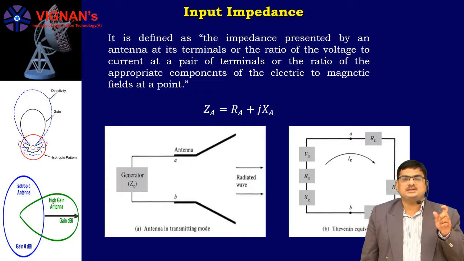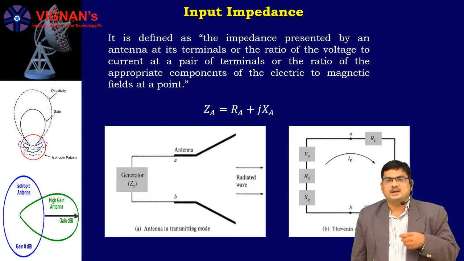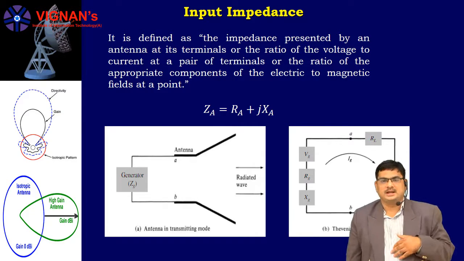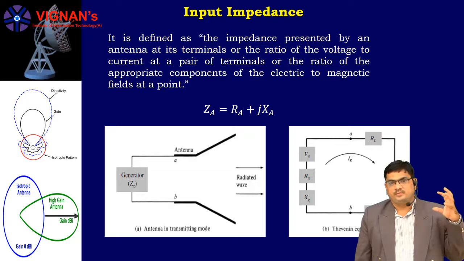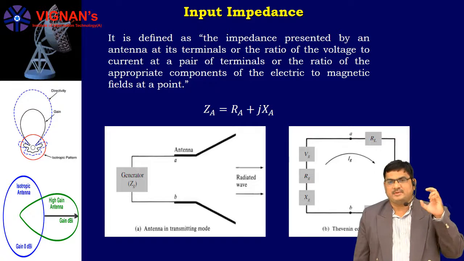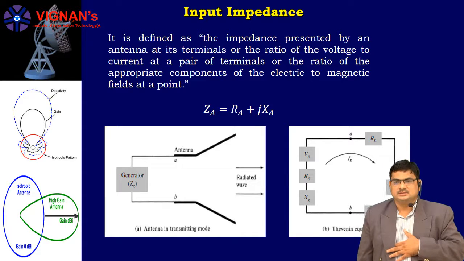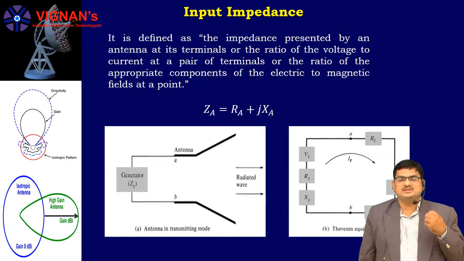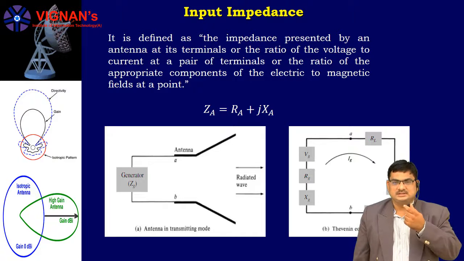If some voltage is applied, then there will be some current distributed in the circuit. Due to this current, some power is radiated from your transmission line to free space. In general, antenna impedance Zi is equal to V by I, that is, applied voltage by the input current.